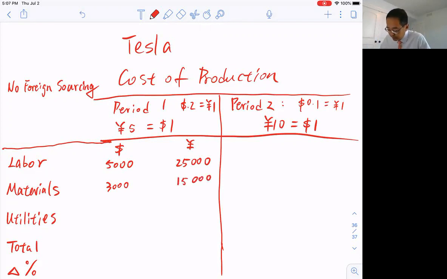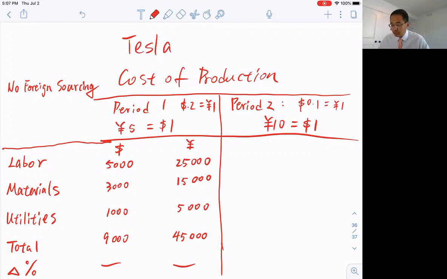And let's say utilities is $1,000, and that gives you 5,000 yuan. So the total for making a Tesla then is $9,000, and that gives you 45,000 yuan equivalent in cost. So there's no percentage change yet. That's what it looks like.